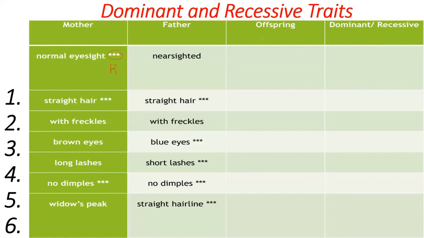What do you think is the offspring? The offspring is nearsighted. Why nearsighted? Because nearsighted here is a dominant trait. As long as you have a dominant trait, it is expected that the offspring will have the dominant trait. So in this case, nearsighted is a dominant case.